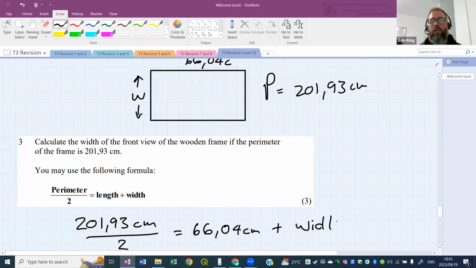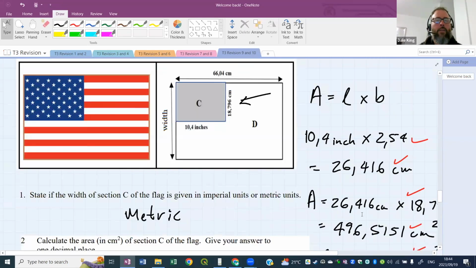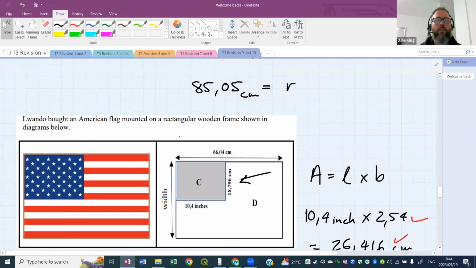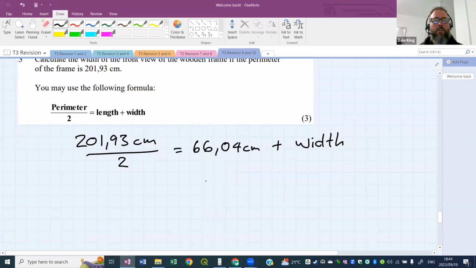Width is what I'm trying to find. In a square the sides would be the same, but this is a rectangle. Let's check. Did they actually say it's a rectangle? Yeah. They say rectangle at the top here. So the sides don't have to be the same. If it was a square, that would be easy. But it's not a square, it's a rectangle. So we have to do it like this.